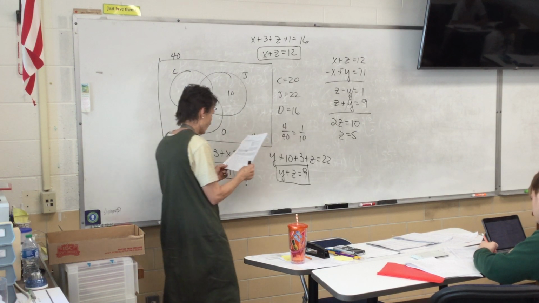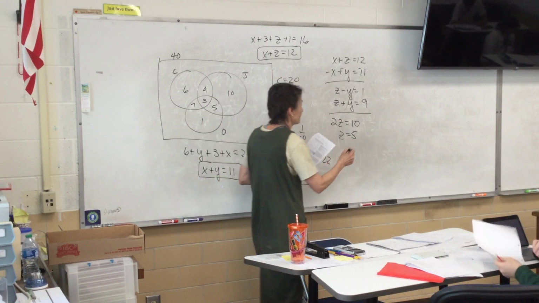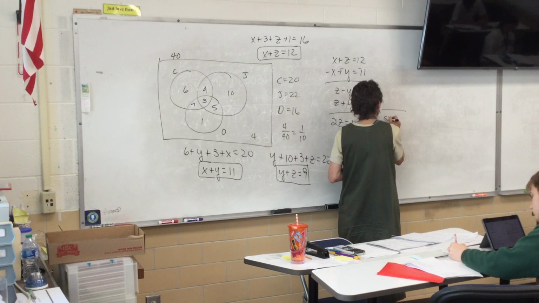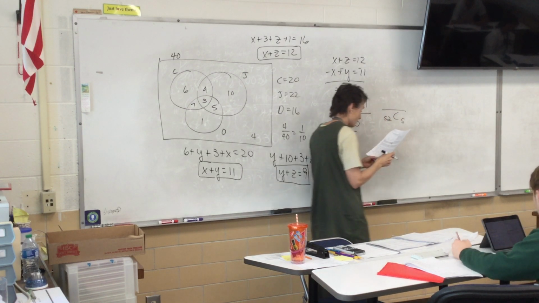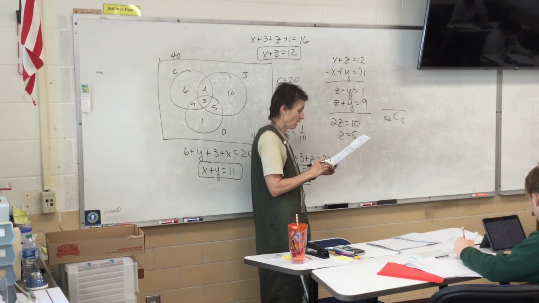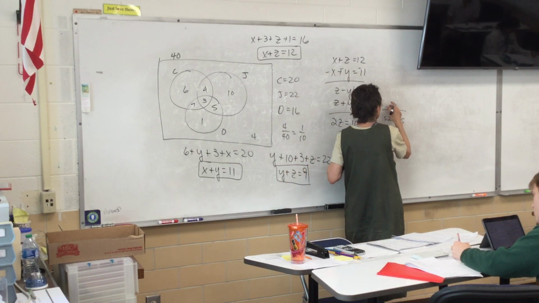30. What's the probability of choosing all clubs in a 5-card hand? First of all, if it's a 5-card hand, the denominator is going to be 52C5 for every single one of these problems. So what's the numerator? All clubs. 52C13?